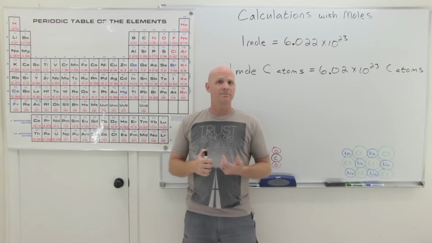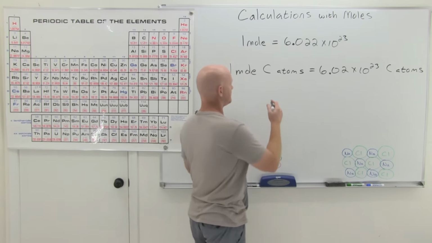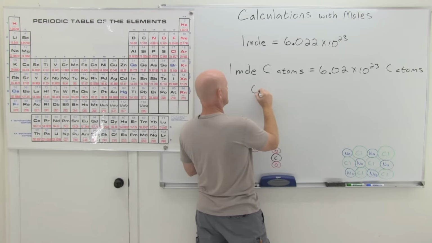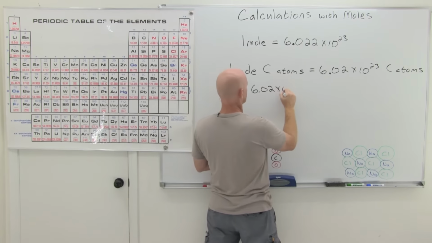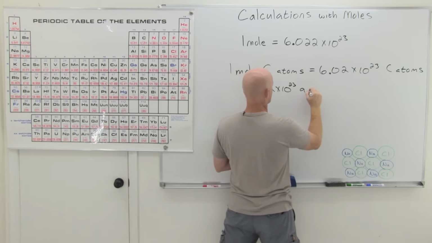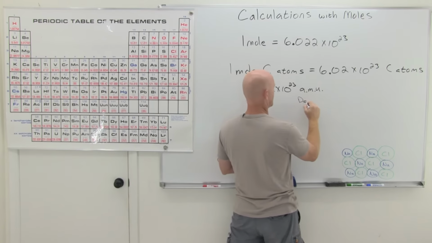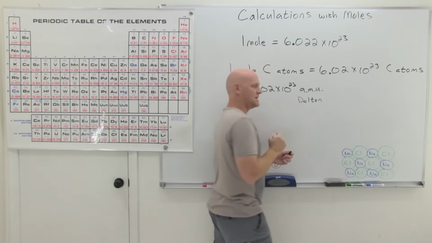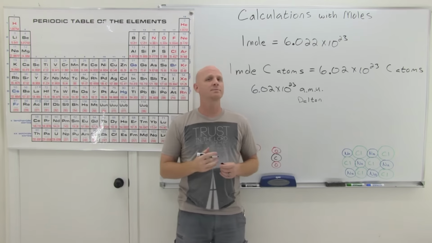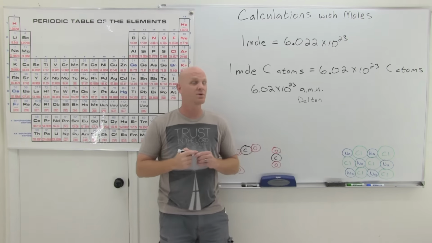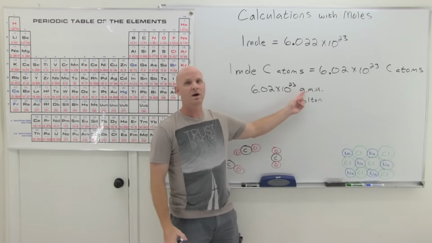But that's this atomic mass unit, and so because of that, a couple things are going to happen here. So 6.02 times 10 to the 23rd atomic mass units. Another name for this is, by the way, Dalton. So Daltons and atomic mass units are exactly the same thing. If you're in general chemistry, you're probably going to exclusively use atomic mass units.